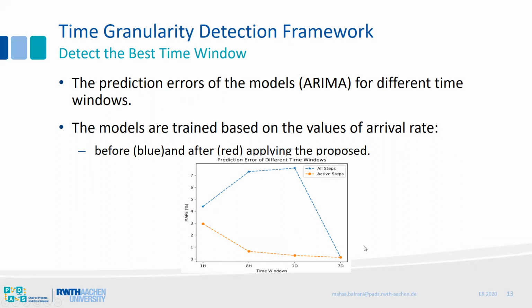First, removing inactive and periodic inactive time steps increases the quality of the model, which the previous function helps us do. And the other thing is that we can distinguish which of these time windows can help us get the best simulation model based on the level of detail that we want.